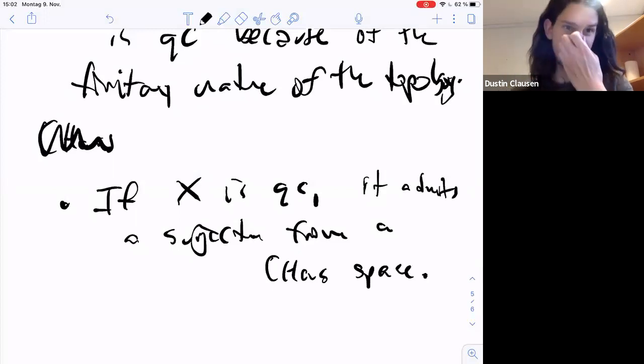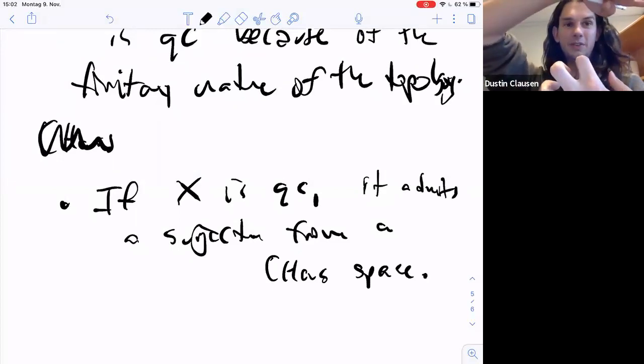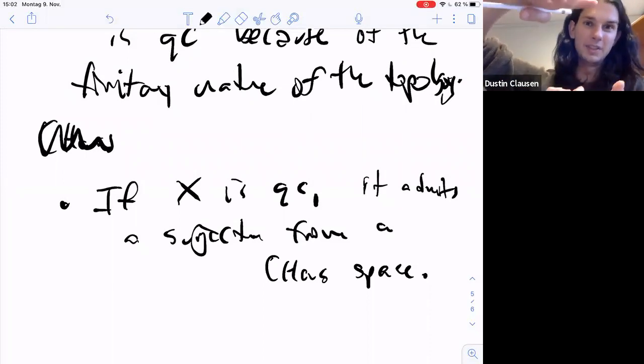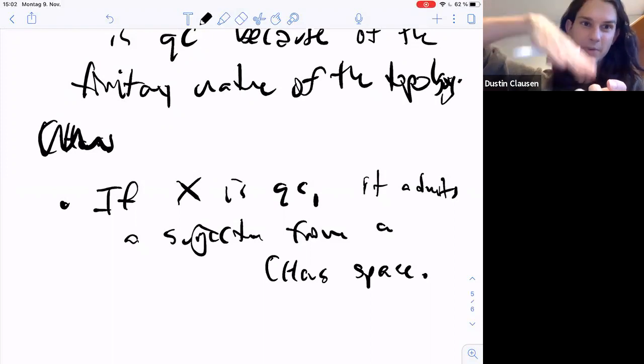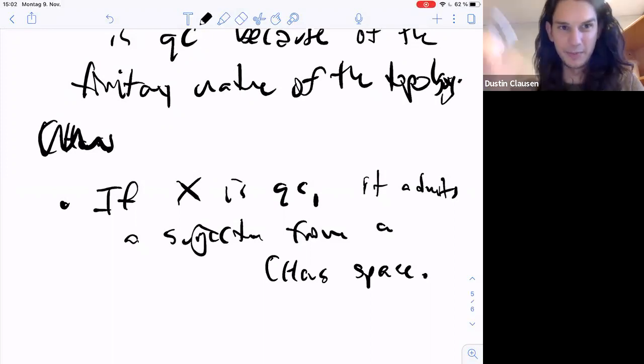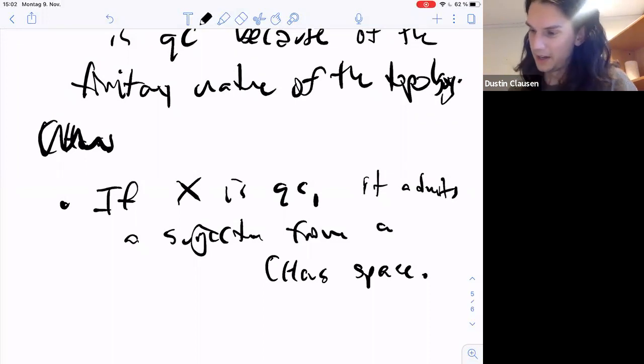For the same reason, any object admits a surjection from a disjoint union of representables, but if it's quasi-compact, then it admits a surjection from a finite disjoint union of representables. But a finite disjoint union of compact Hausdorff spaces is still going to be a compact Hausdorff space.